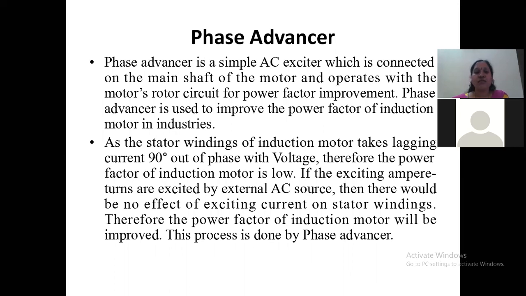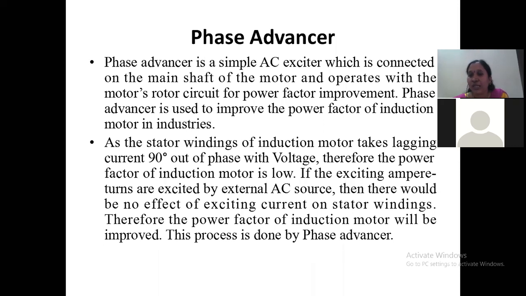Okay, so that is why the current will lag the voltage by 90 degrees. So the power factor of the induction motor will be very less, because cos 90 degrees is nothing but zero. So power factor is almost zero.